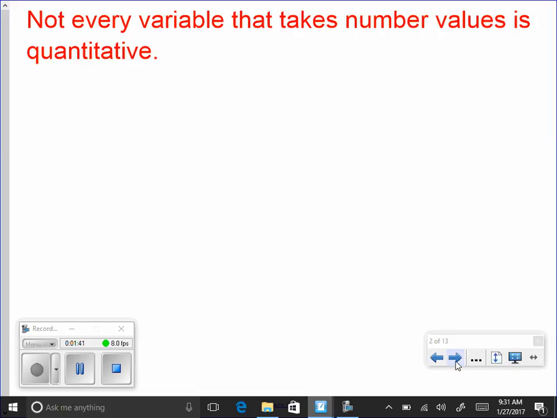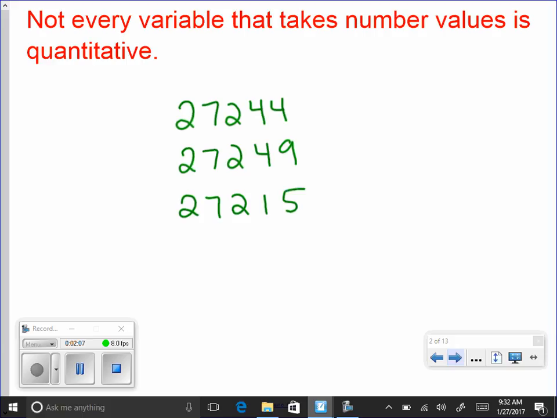We were talking about categorical and quantitative variables, and a key thing that I want to point out is that not every variable that has a number value is quantitative. Think about zip code. My zip code here in Elon is 27244. If you live in Gibsonville, 27249. If you live in Burlington, 27215 or 17.